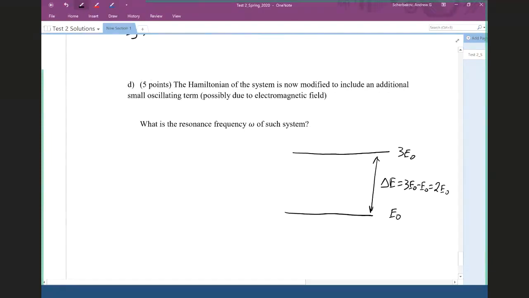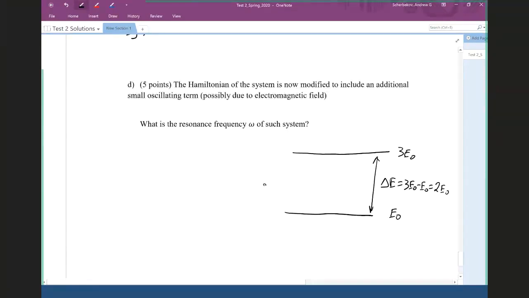So for resonance transition to occur, that is, the transition with the highest probability, for example, for the particle in the lowest state to be transferred to the upper state with energy 3E0, the particle would need energy which is exactly 2E0.